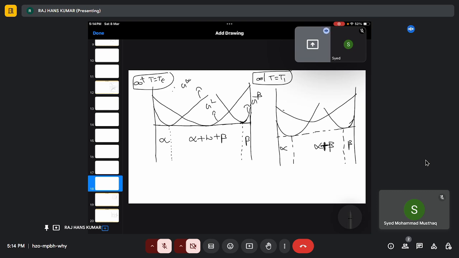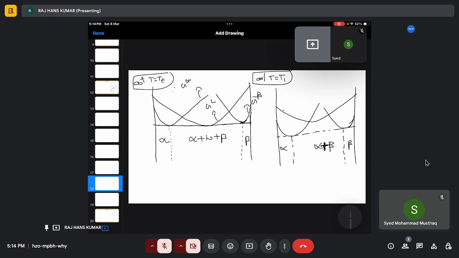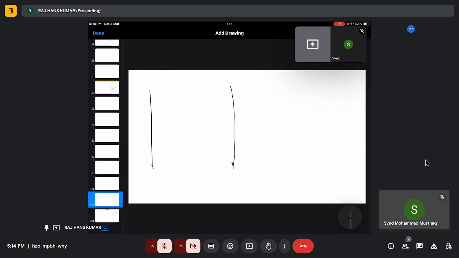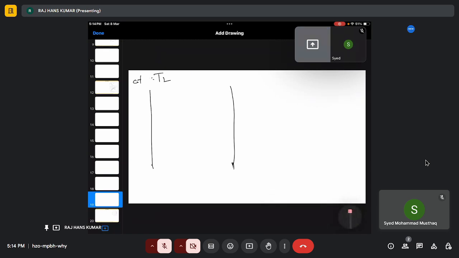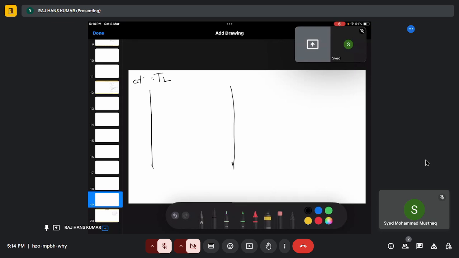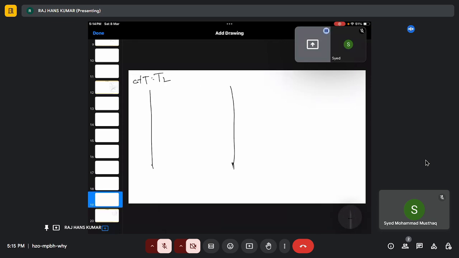Now if I try to draw at another temperature, I'm just drawing to familiarize ourselves with what we are going to do next. The next one is T2. At T equals T2.